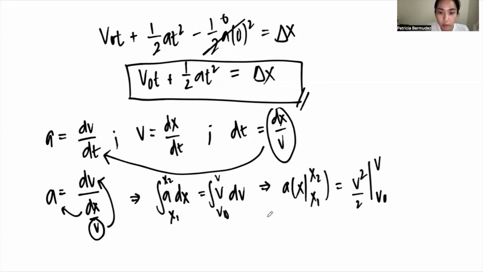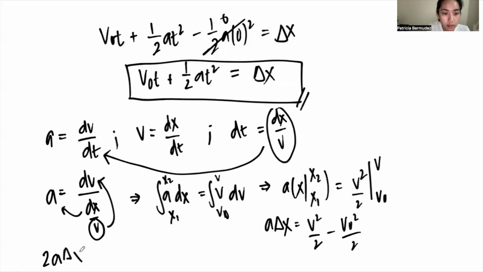So simplifying this, we have a delta x is equals to v squared over 2 minus v naught squared over 2. And simplifying this, we can transpose 2 to the other side. We will have 2a delta x is equal to v squared minus v naught squared.